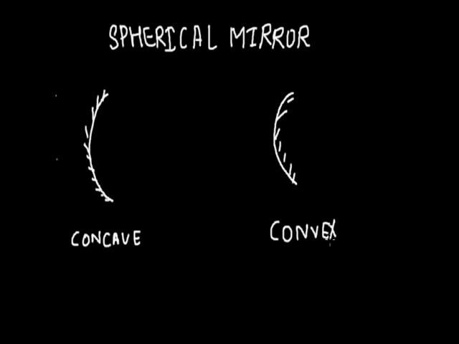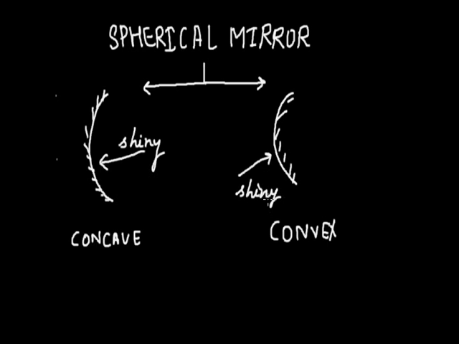So a spherical mirror can be of two types: one is concave and the other is convex. In a concave mirror, this interior surface is the shiny or reflecting surface, and in this convex mirror, this bulged out surface is the reflecting or shiny surface.